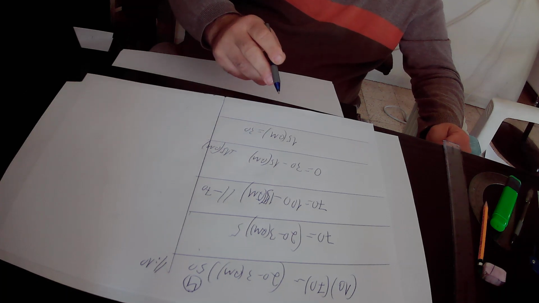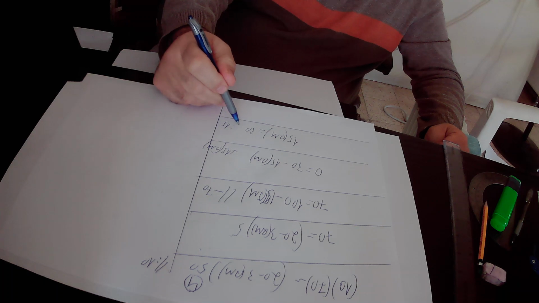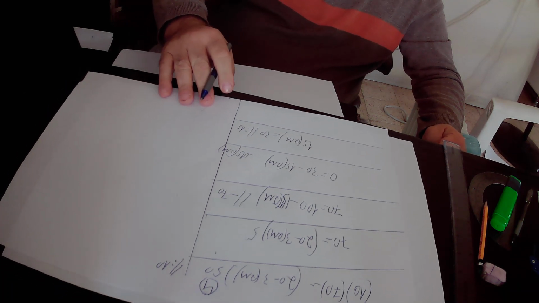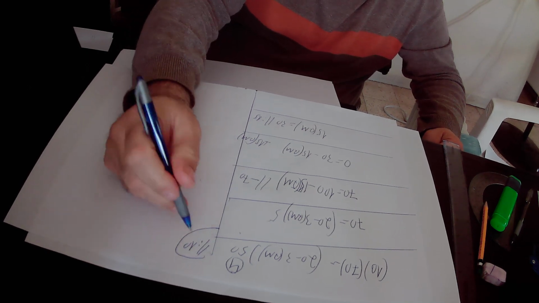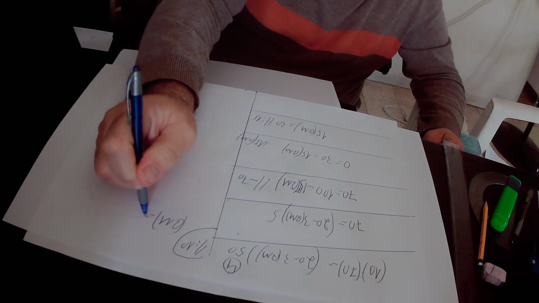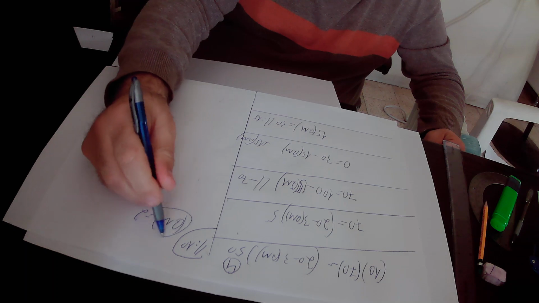Here we divide this equation by 15 and finally we'll get that QM equals 30 over 15, that is 2.